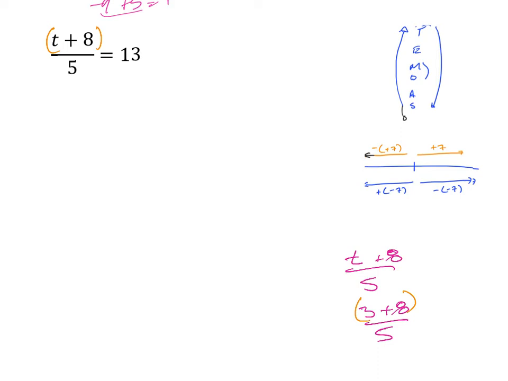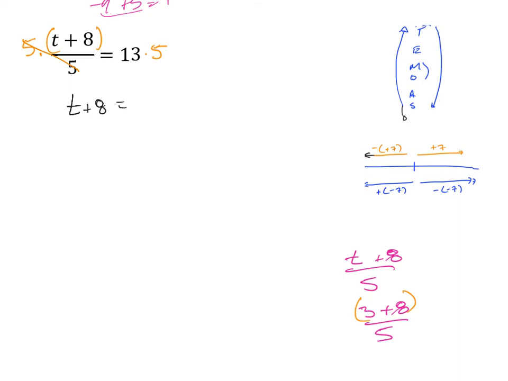But remember, when we're solving, we're going to take that backwards. So if I'm going to take that backwards, then I'm going to multiply both sides. To undo the dividing by 5, I'm going to multiply both sides by 5. Which 5 divided by 5 is 1. So now I'm left with t plus 8 on this side.